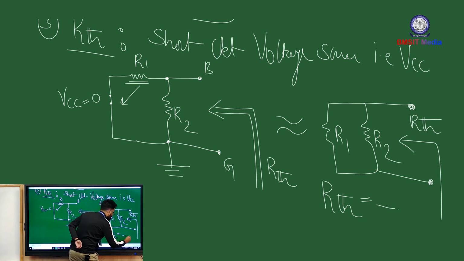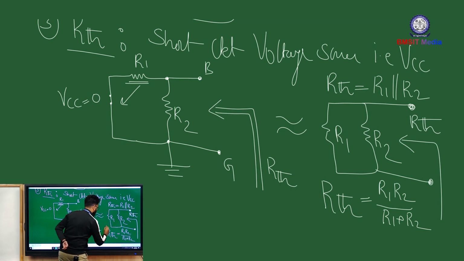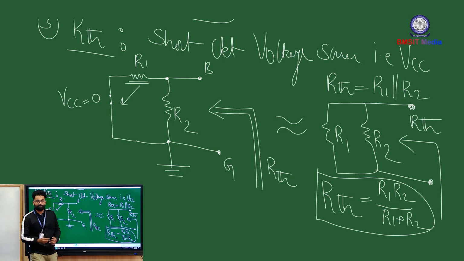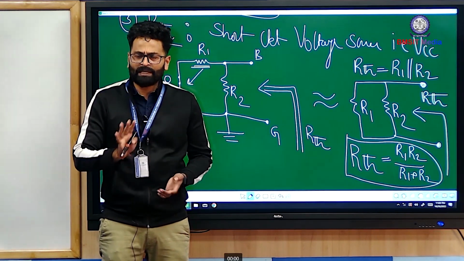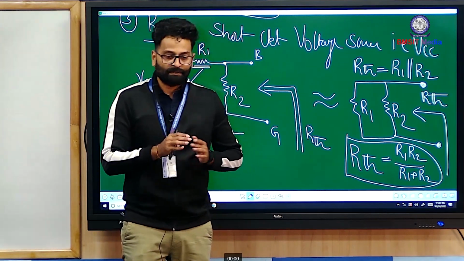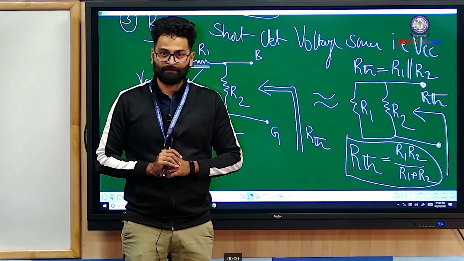So what is the reduction rule? R1 into R2 divided by R1 plus R2, right? So let me write here, RTH is equal to R1 parallel with R2. Done? So a linear, bilateral, complicated network is being converted into a simple network using Thevenin theorem, right?